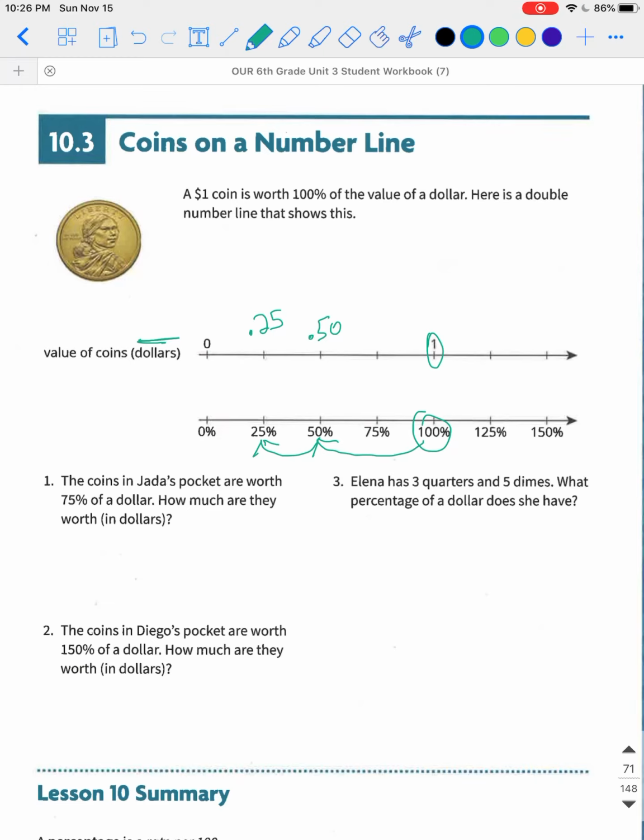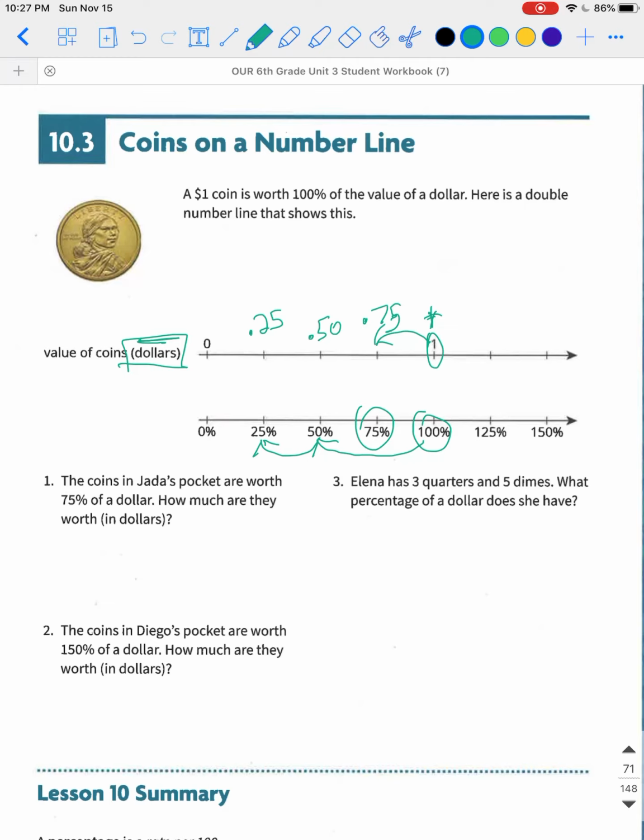And we know that our 3 quarters, or 3 of our 4, is going to be 75 cents. 75% is 75 cents, if we're talking about a single dollar. Now, later on, you'll notice we're going to talk about if this was a different number. But right now, we're just going to use $1.